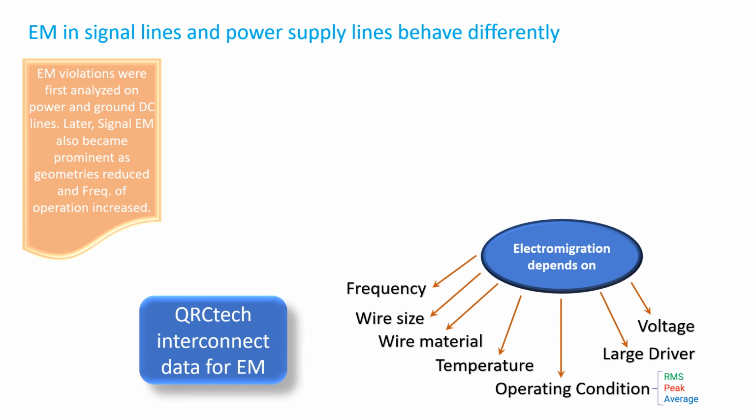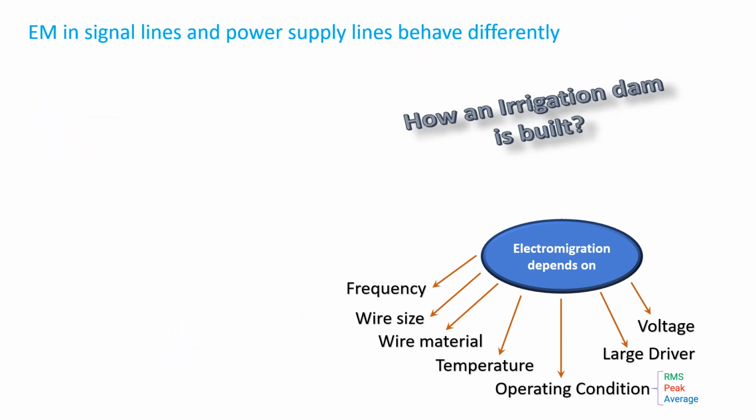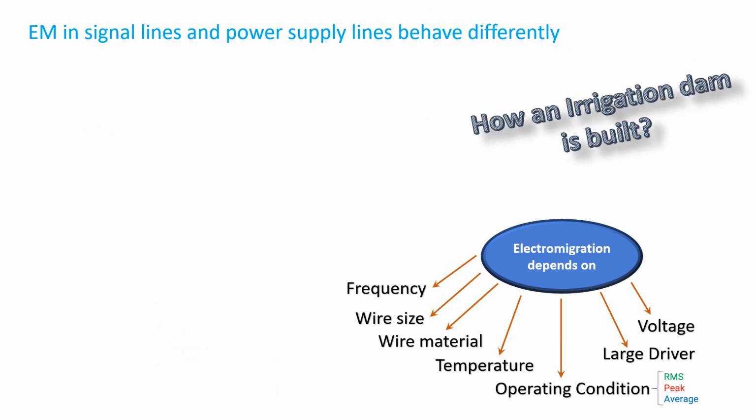That's all we have on EM. There is one more small thing I want to mention: how an irrigation dam is built. If you consider that, you will also understand how the interconnect's operating conditions, the RMS, peak, and average, should all be considered.